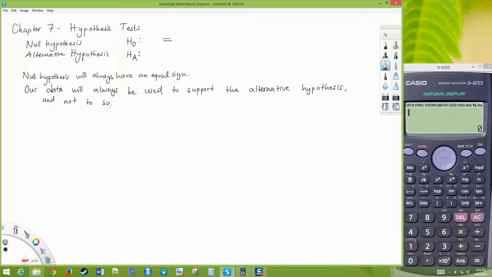That's why the alternative hypothesis is called the research hypothesis. A lot of times it is, but we'll talk about several situations.